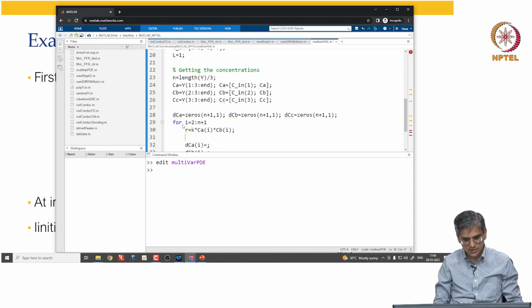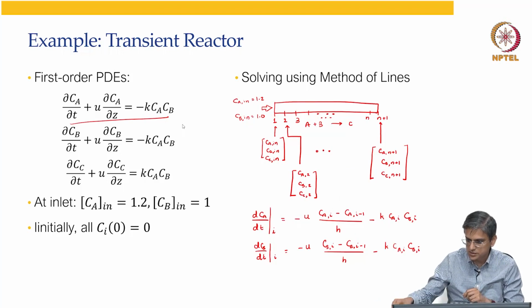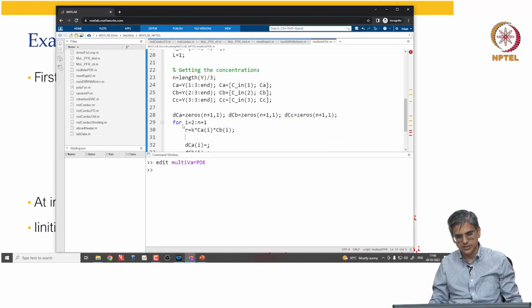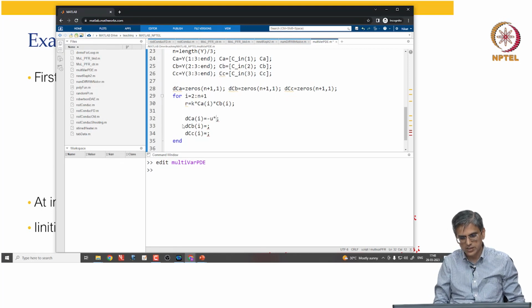And let us say the parameter over here is negative u divided by h. We can just calculate that. So what we have is negative u multiplied by Cai minus Cai minus 1 divided by h minus r.